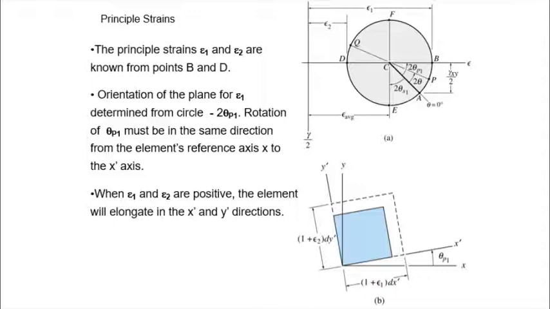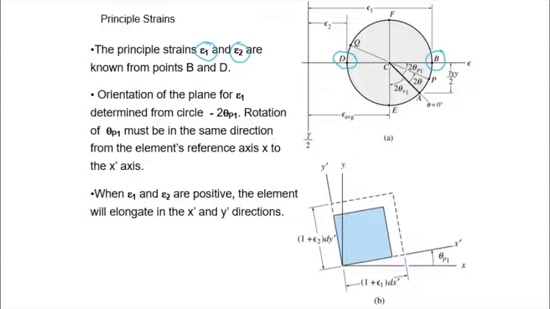Principal strain occurs at point B here and at point D. So point B is the maximum normal strain and point D is the minimum normal strain, or in other texts written as strain 1 and strain 2.